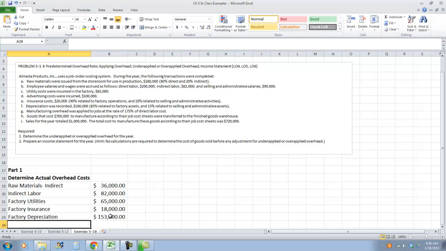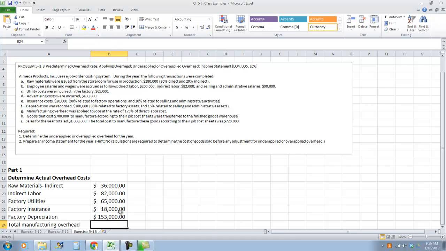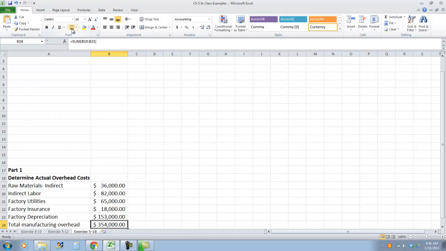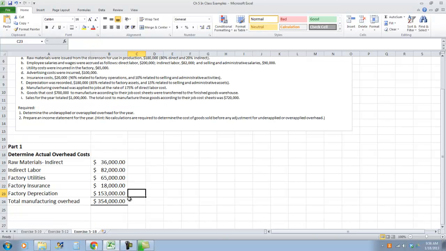So that's 153,000. We're just calculating actual overhead. So total manufacturing overhead, we're going to add all of these costs up. All right. So the actual manufacturing overhead was 354,000.